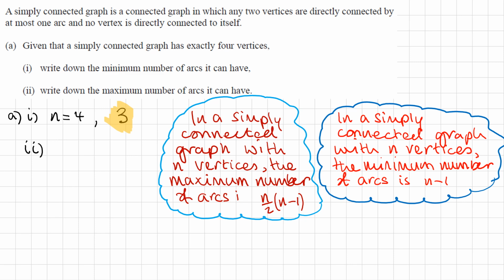So again, n is 4 in this part, so we're going to have 4 over 2 times 4 minus 1. So here we have 2 times 3. So the maximum number of arcs is going to be 6.